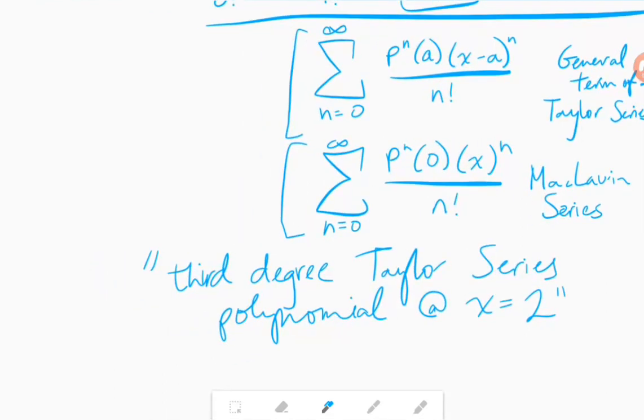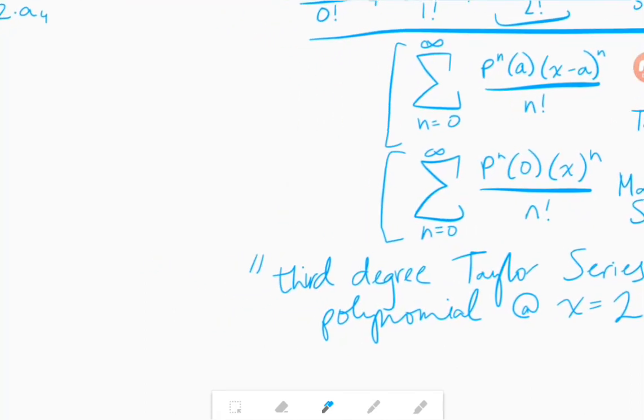In this case, you would take whatever function they've given you, and find each derivative until the third derivative. Then you would multiply it by x minus 2, because the Taylor series is centered at x equal to 2, so it would be x minus 2 to the nth power, whatever term you're on, divided by n factorial. And that would go on until 3, because this is the third degree.